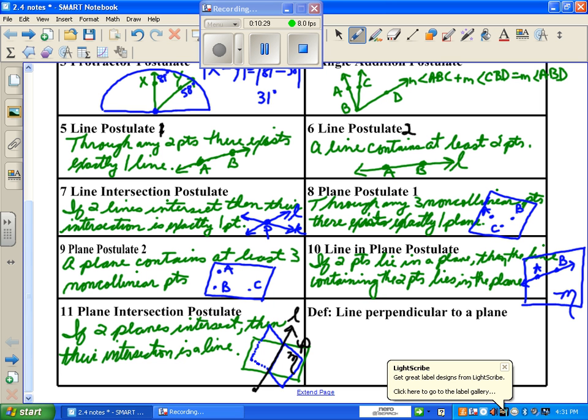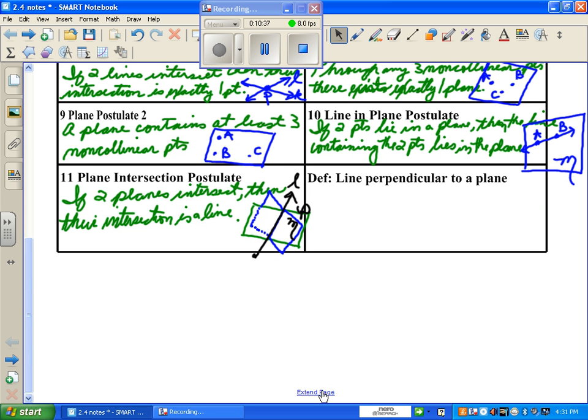There's a definition we need to go through, and the definition is line perpendicular to a plane. Let me butt that up there. A line perpendicular to the plane says if a line is perpendicular to a plane, then it is perpendicular to every line in the plane at the point of intersection. So let's write all that out.